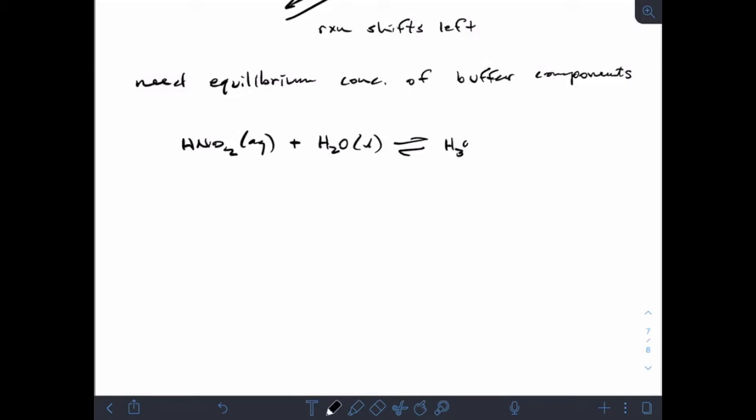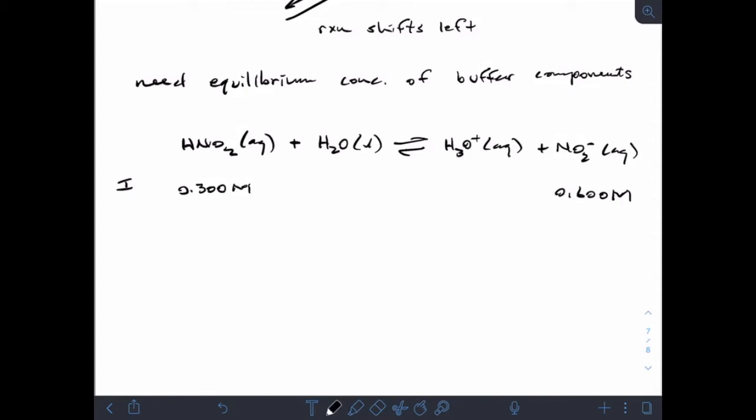H3O plus aqueous and NO2 minus aqueous. Right, so in our previous example, we started with a buffer that was 0.3 molar of the nitrous acid and 0.6 molar of the nitrite ion.